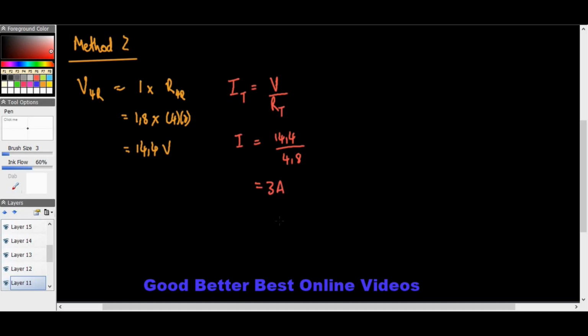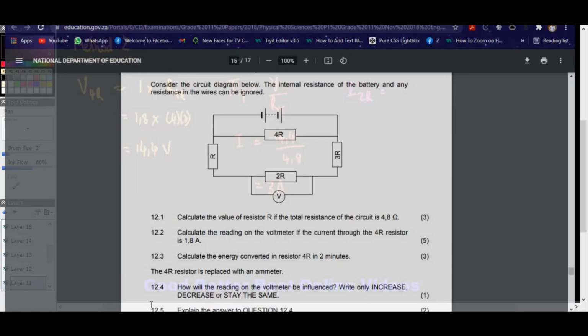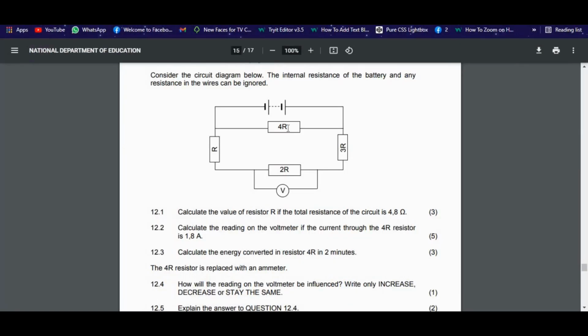Okay. Now that we've got the total current in the circuit, let's focus on the current going through the 2R resistor. Well, if 1.8 is going through the 4R branch, then whatever is left must be going through the 3R, 2R, and 1R. If 1.8 is going through this branch, then the other bit, which is 1.2 amps, must be coming through this other branch over here.